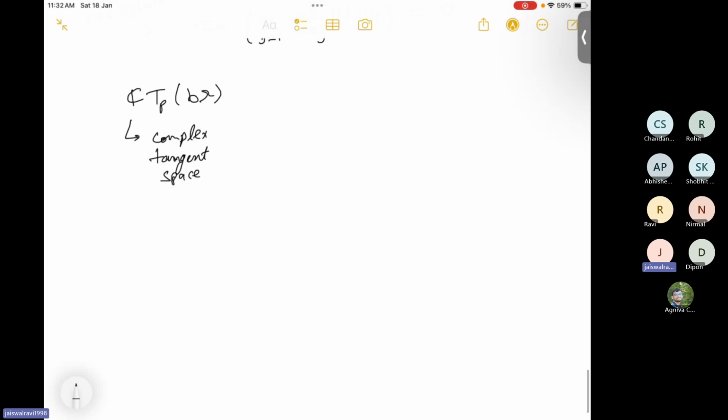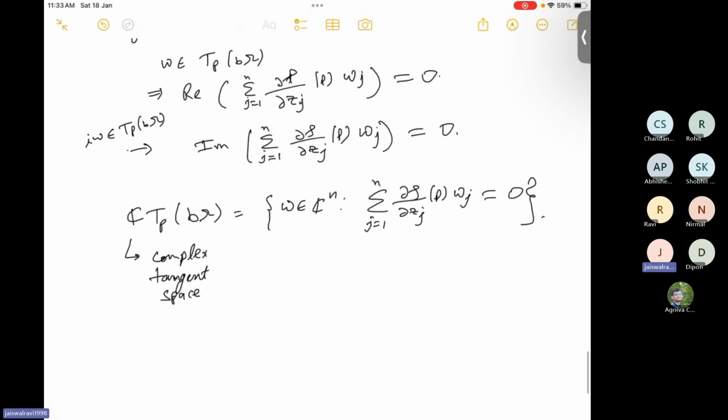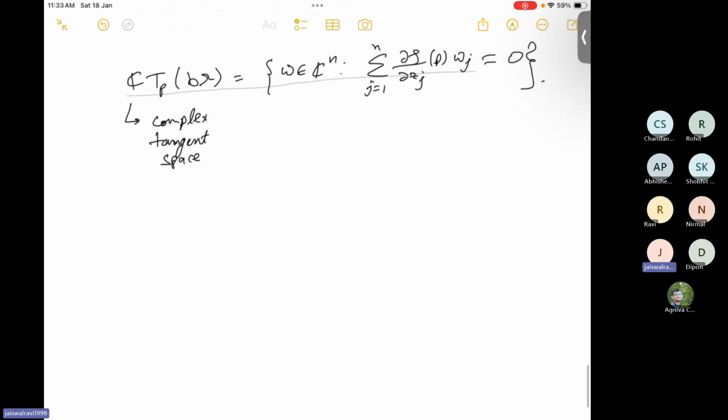We define it as those w in C^n such that sum j from 1 to n del rho by del z_j at P of w_j equal to 0. So motivated by the above fact, we can define this complex tangent space.